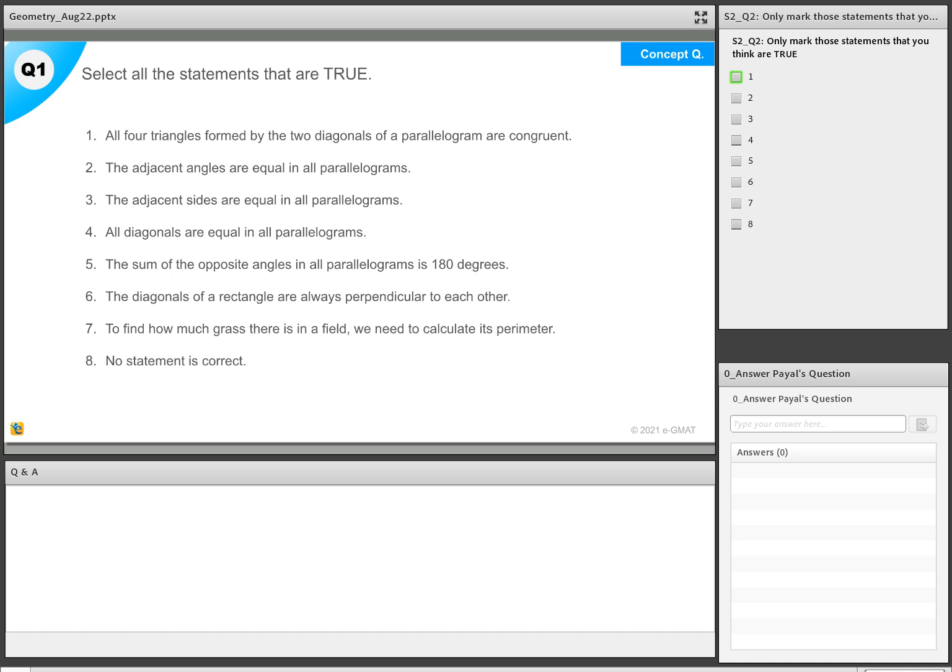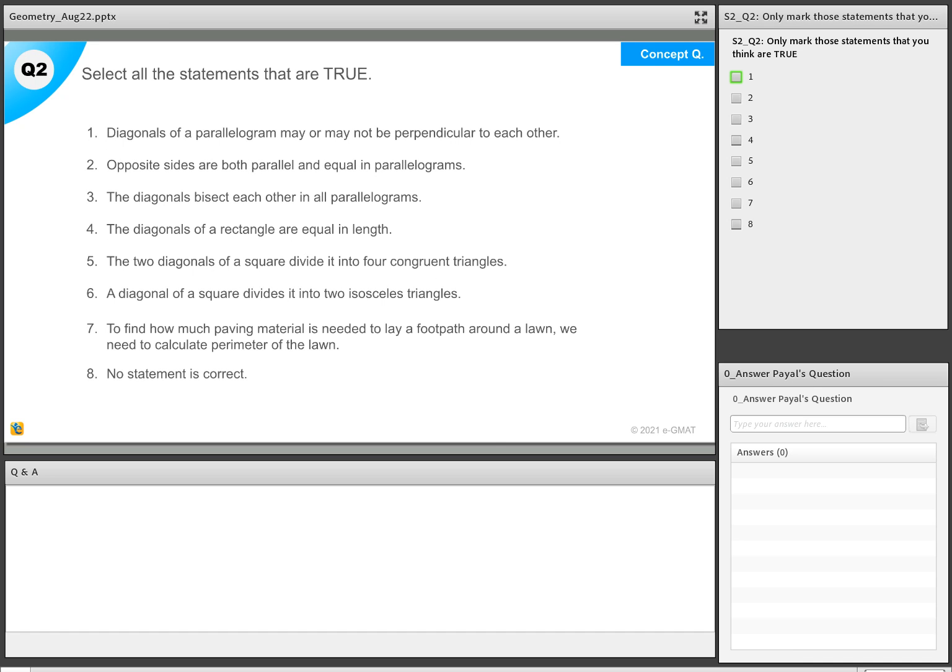Okay, so let's now move on to the second set of questions. Select all the statements which are true. Again, this is a poll which is multi-option, so you can mark more than one option over here as well.